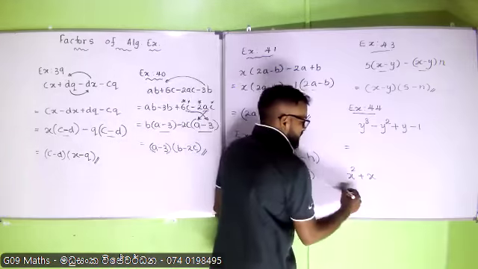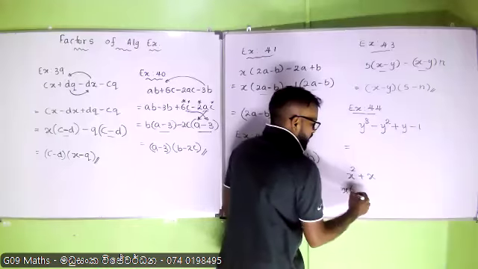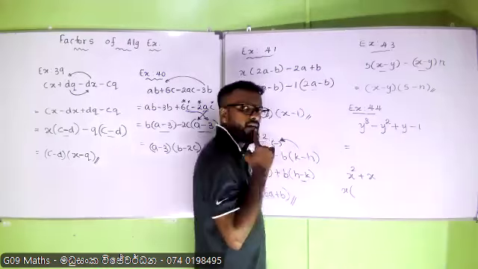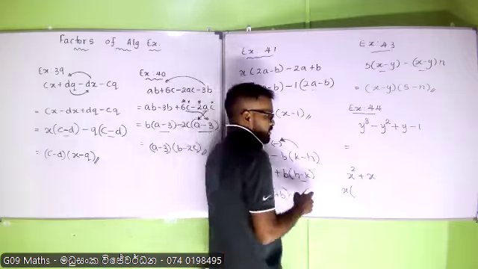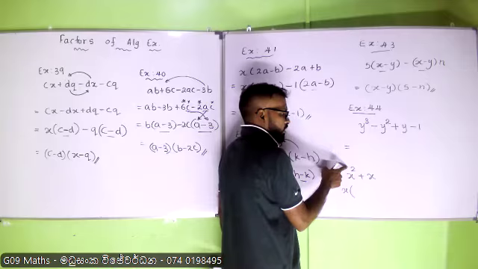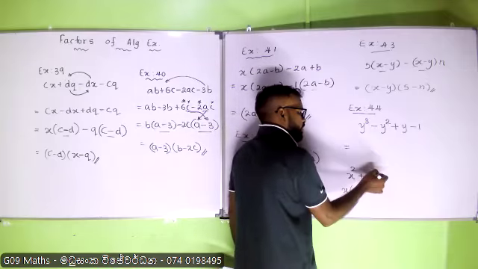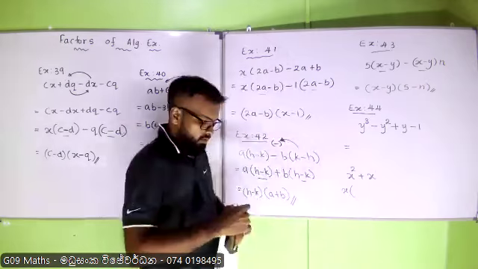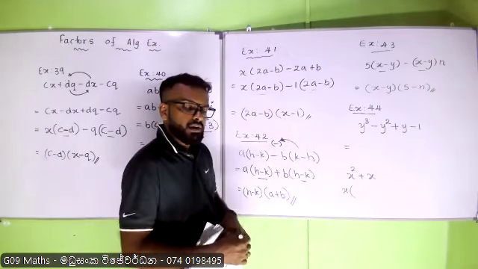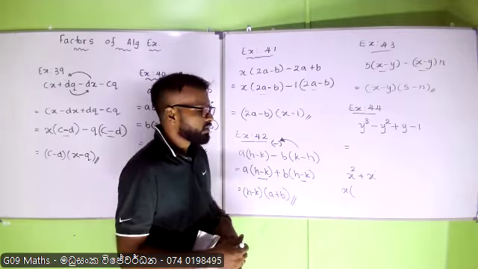Yes. Why are you going to take x out? Because here also you have x to the power 1 and here also you have x to the power 1. The term with the minimum power, right?